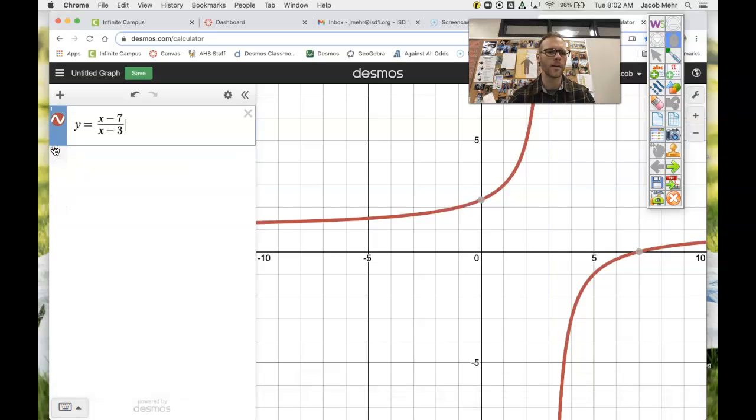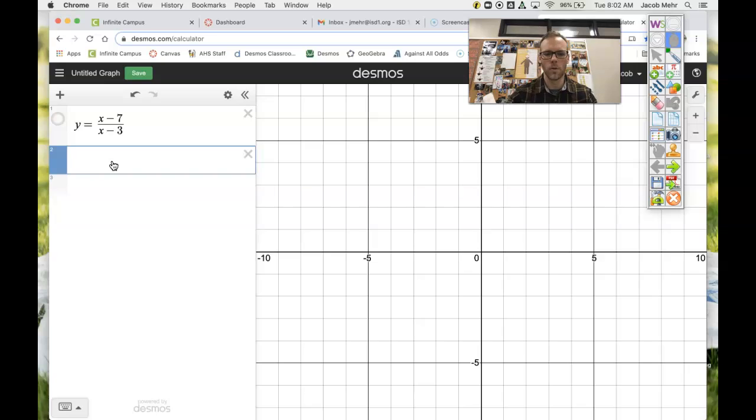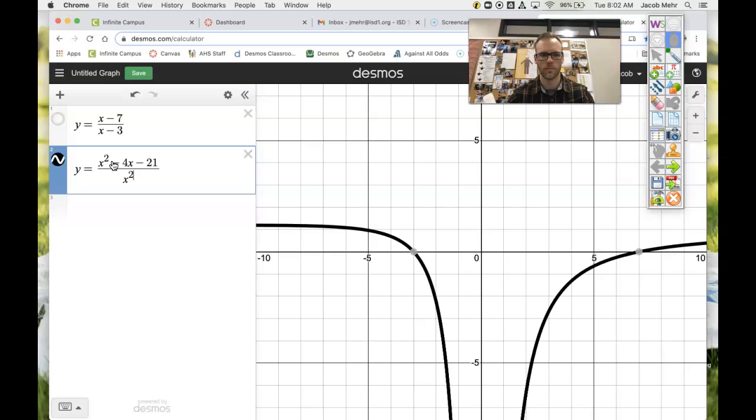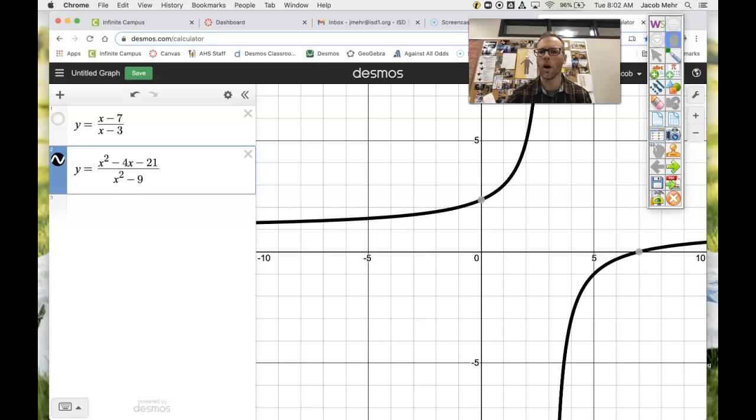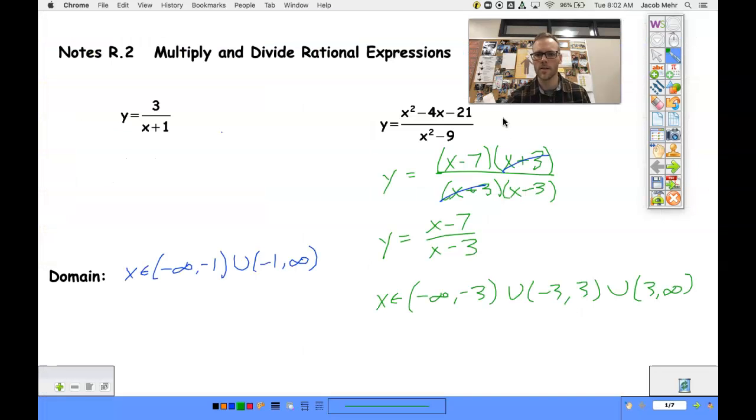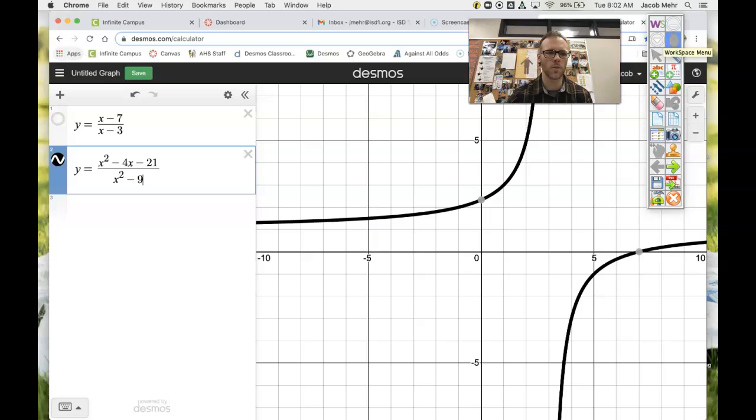But what if I were to graph the original? Are they equal, right? Is our original equal to just x minus 7 over x minus 3? Well, when I graph them, they are the same, right?